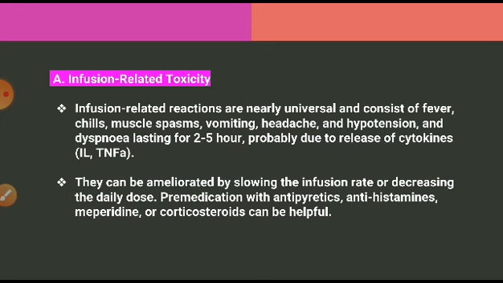It means if these reactions are more and you want them to subside, then the infusion rate can be controlled as well as the dose can be reduced. Pre-medication with antipyretics, antihistaminics, meperidine or corticosteroids can also be helpful.